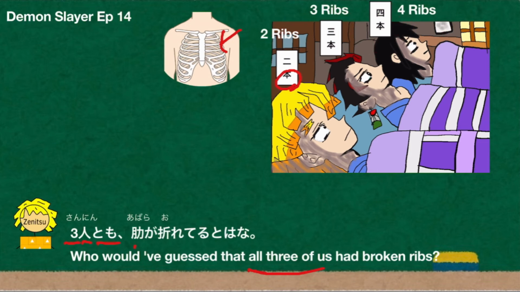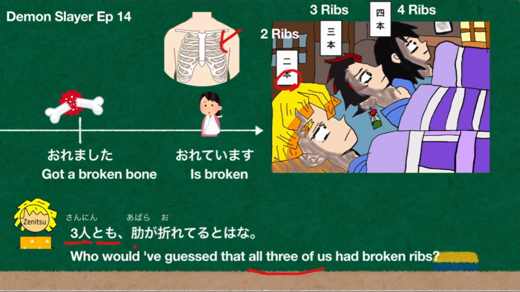Then あばらが折れてる: the formal way is 折れました or 折れています. This is polite, and we delete the politeness. 折れている is the plain form of the verb.